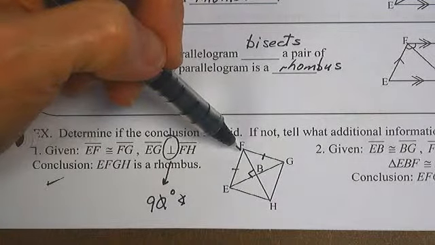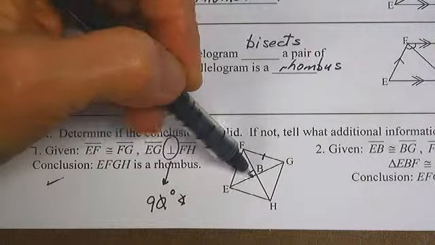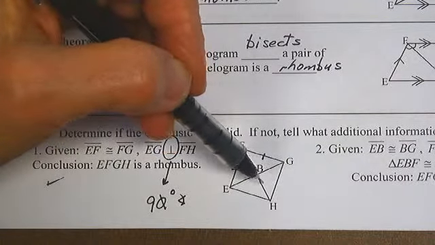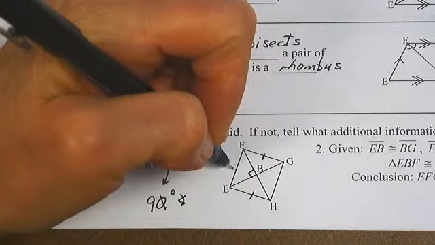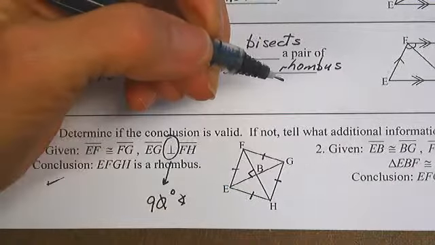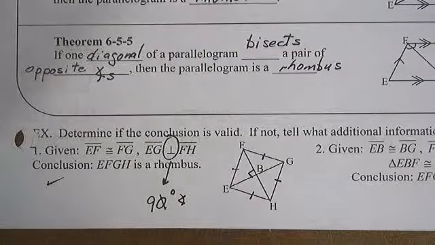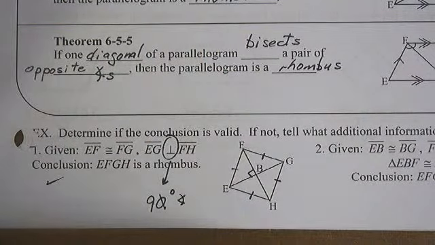Triangle EBF is congruent to triangle EBH, so these sides are congruent, so this fourth side has to be congruent. So we know that we have a rhombus, we know that we have a parallelogram.